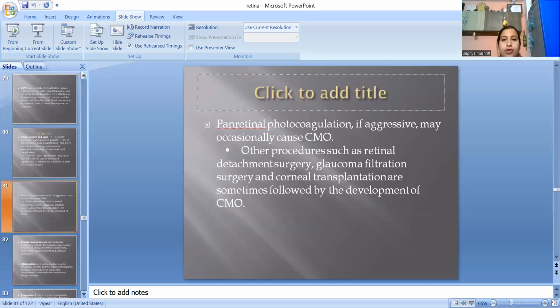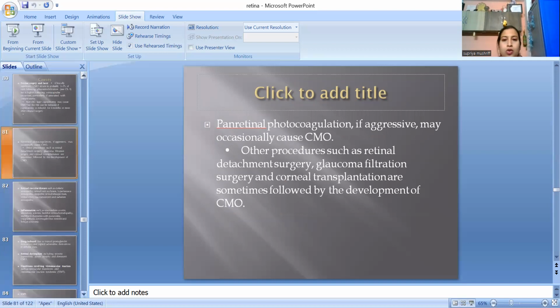Pan-retinal photocoagulation, if aggressive, may occasionally cause CMO. Other procedures such as retinal detachment surgery, glaucoma filtration surgery, and corneal transplantation surgery are sometimes followed by the development of cystoid macular edema.